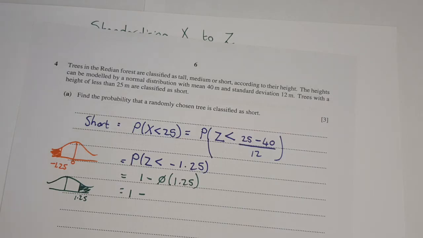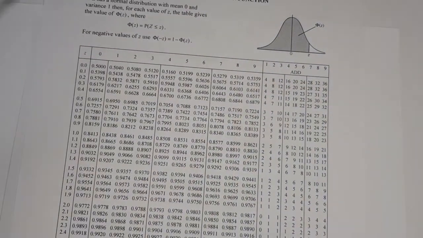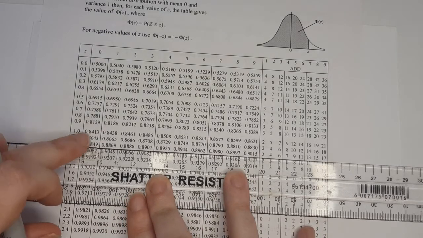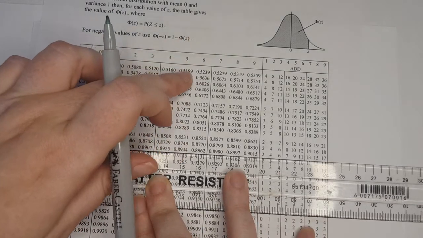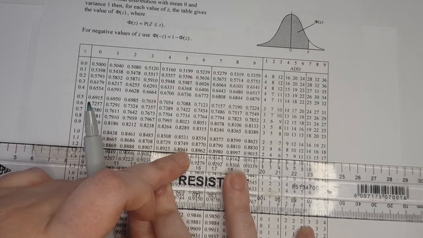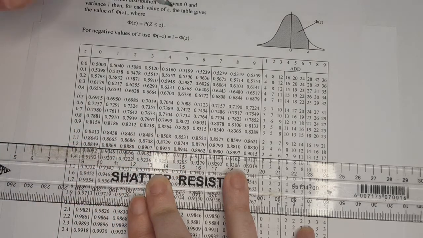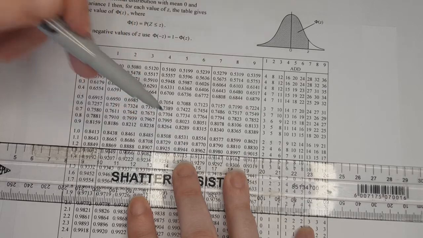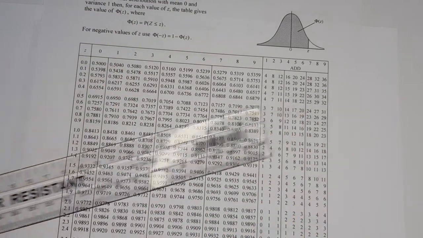Now I take my table, I find 1.2, and then I find 5, and I find that I'm looking for 0.8944 as my value.